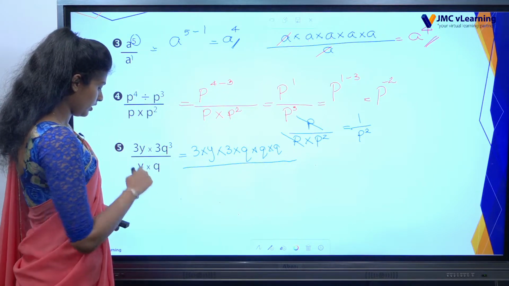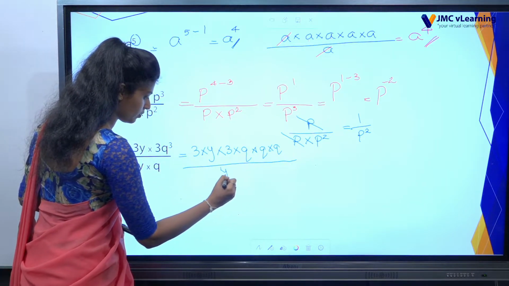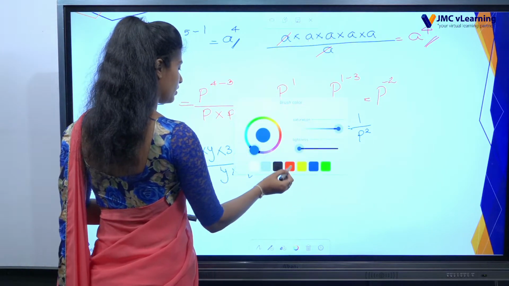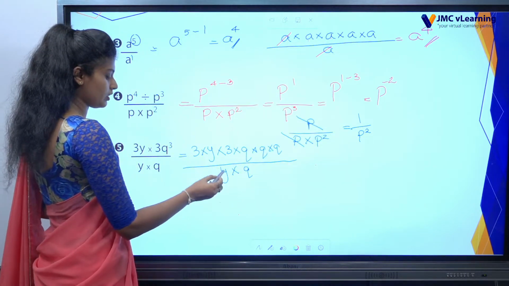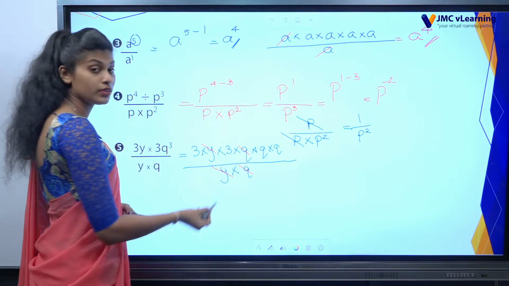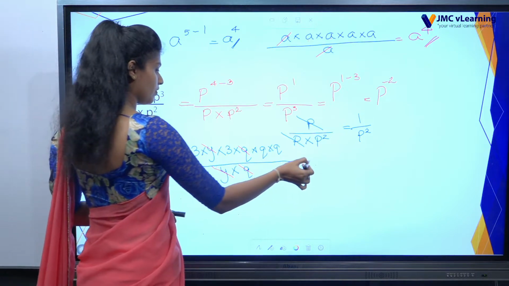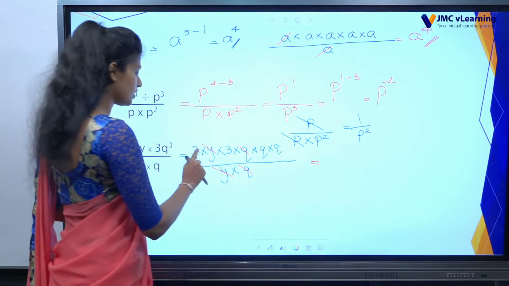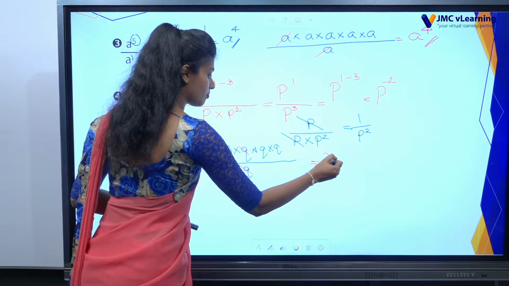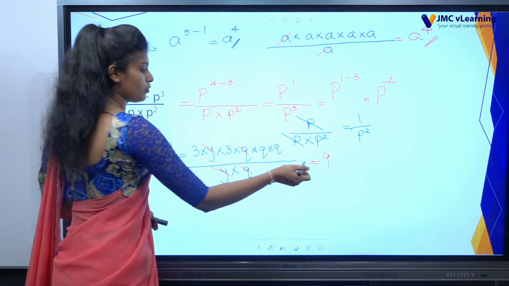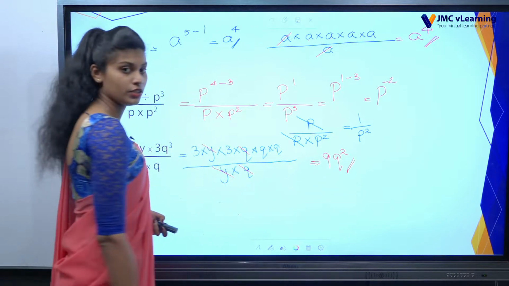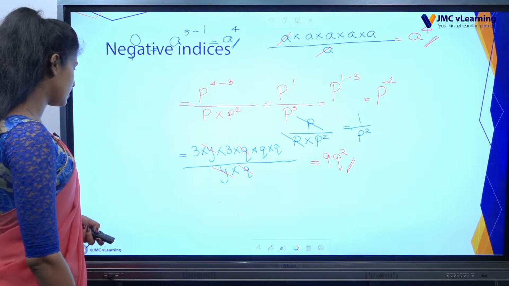Then here we have to divide by y into q. Now can you see these y's can cut, and this one q can cut. Then what is the answer? 3 into 3, numerical value 9. Then 2 q's are there, so 9 q to the power 2. That's the answer.